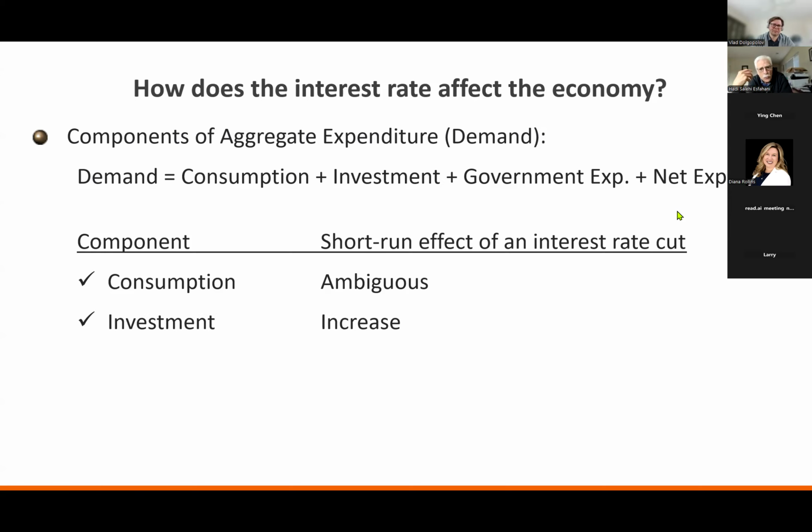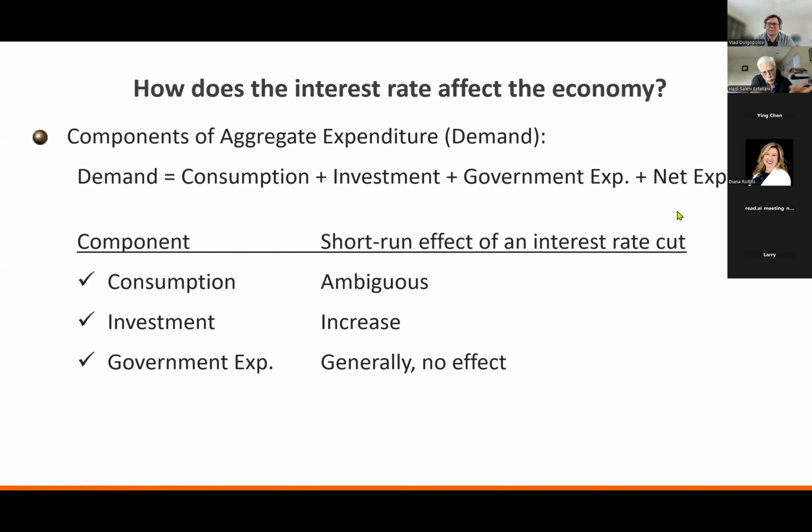Now, investment most likely will increase because it becomes cheaper to borrow, the cost of capital goes down, and therefore more projects become viable as interest rates go down. Government expenditure, generally no effect. Usually in macroeconomics, we assume that government expenditure is exogenous for the economy.